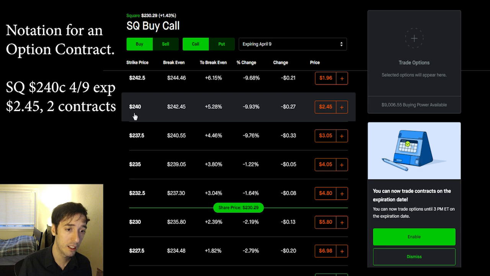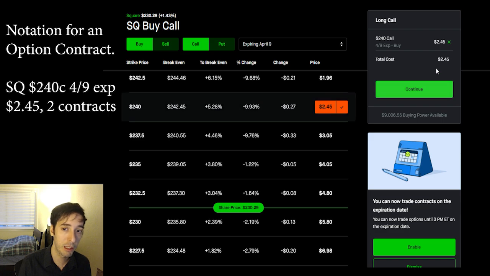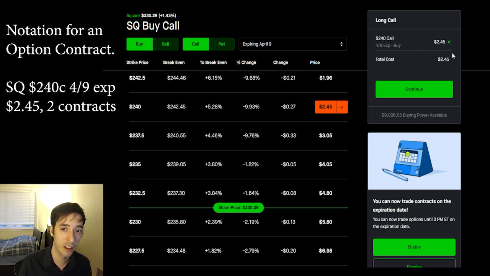And then usually the number of contracts is written, and the premium that you paid for it, which in this case would be 2.42. Generally, people don't write the number times 100 because it's implied.